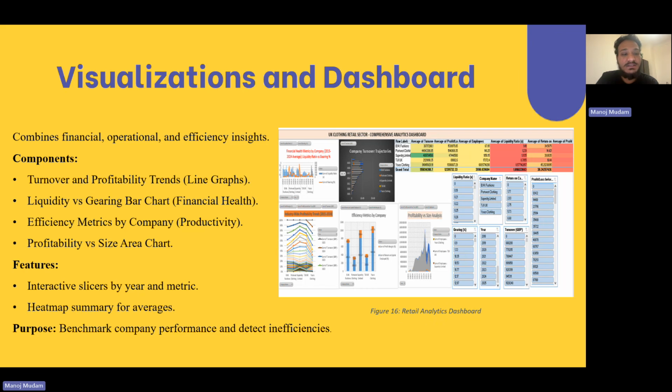We can see the charts: turnover and profitability trends in line graphs, liquidity and gearing in bar charts, financial health, key metrics by company, profitability by size area, and company performance and detective information. We can see these in the dashboards and in the charts. This is about the visualization dashboards, and going to the next slide.